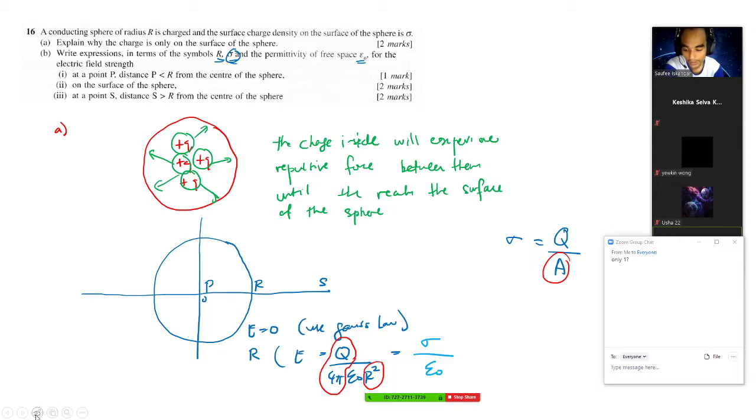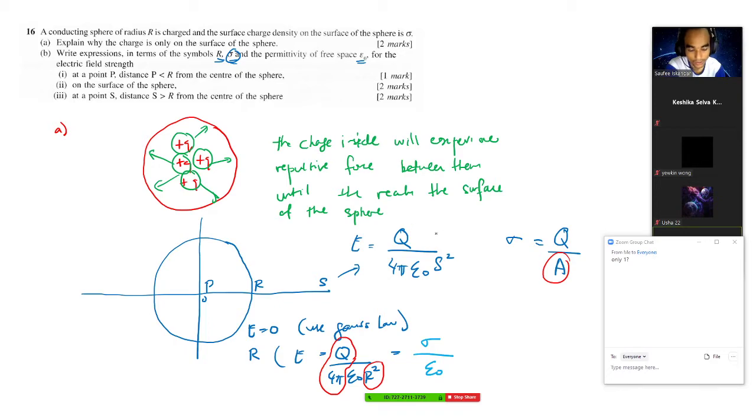At the point S, E will be equal to Q divided by 4 pi epsilon naught S squared, because it is not R already, it's S, further than R. Okay, so we have to use sigma.